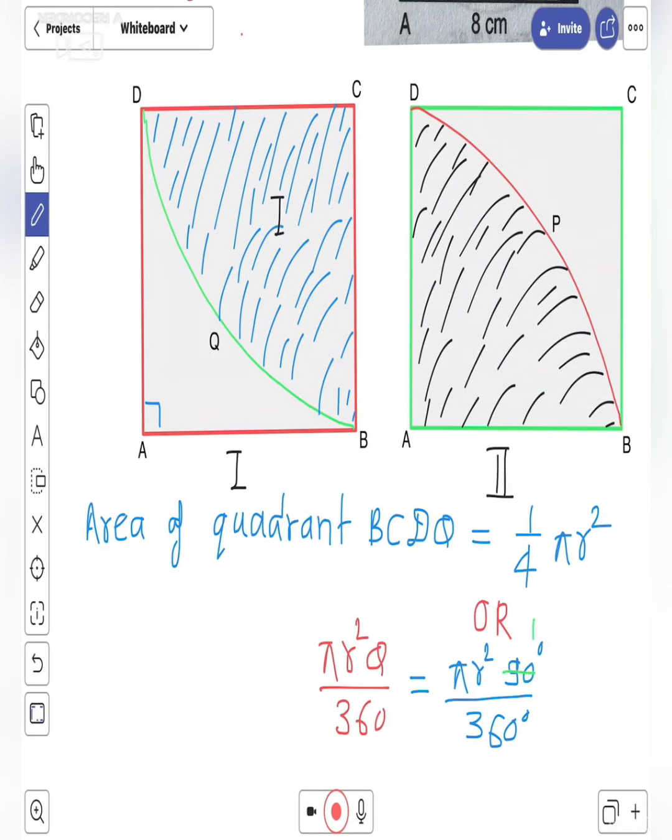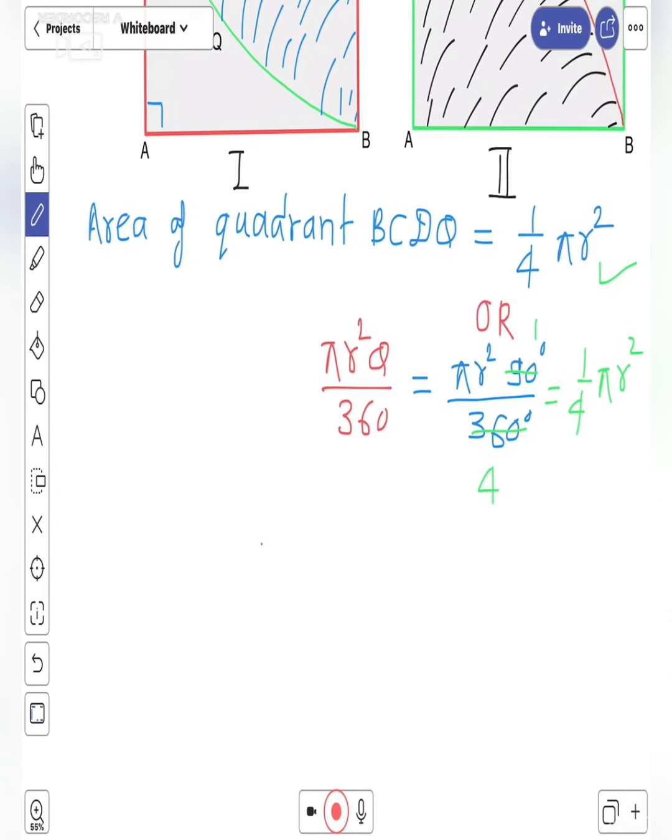Yes, 1/4 pi r square. In the same way you will get 1/4 pi r square. So you will use any one formula. I think that this is the easy one. So you will use the area of quadrant BCDQ, that is 1/4 pi r square.